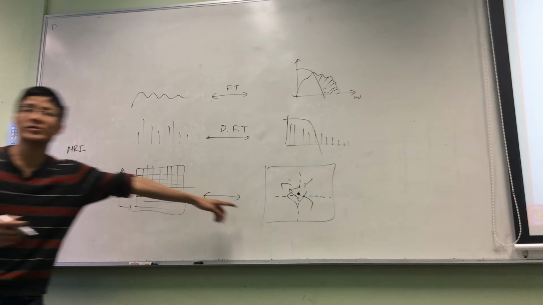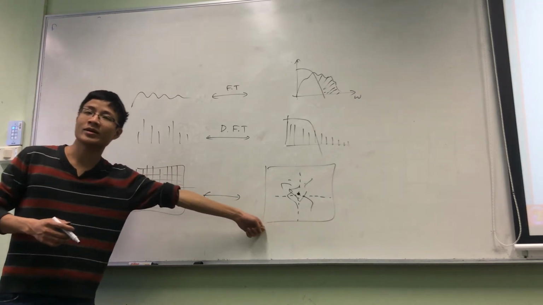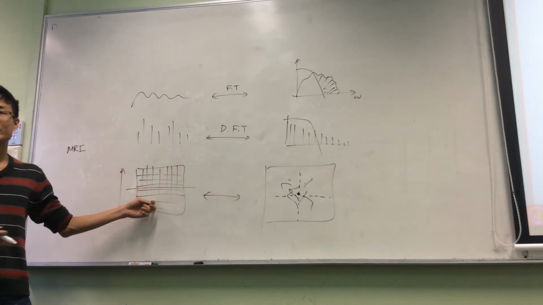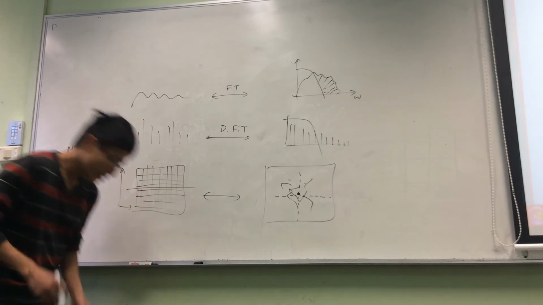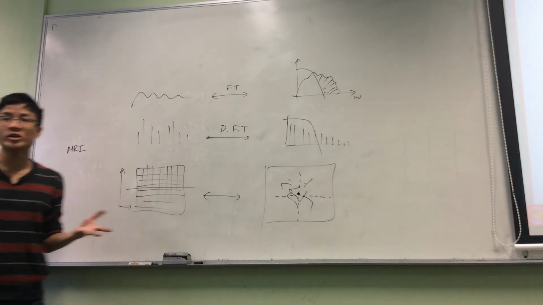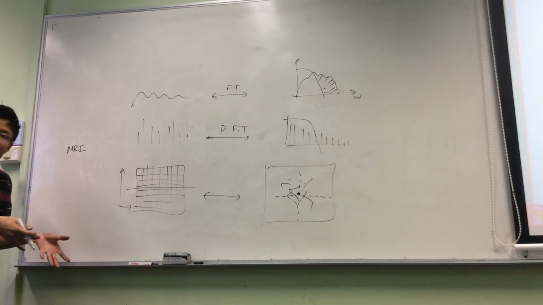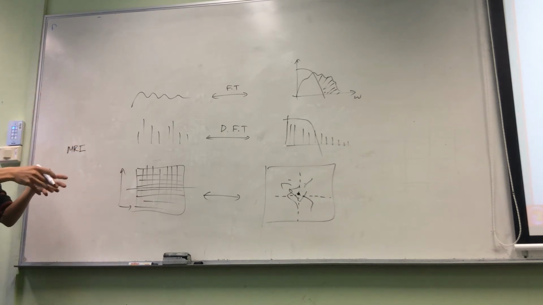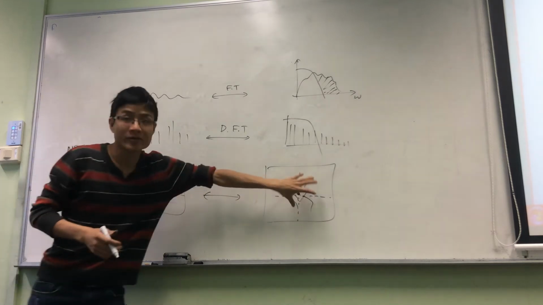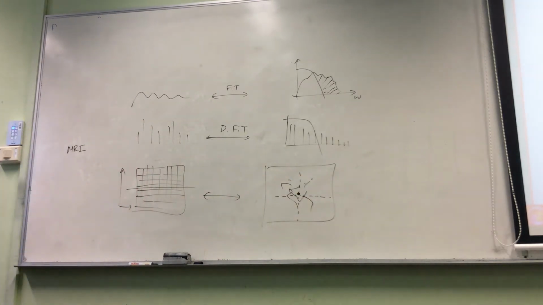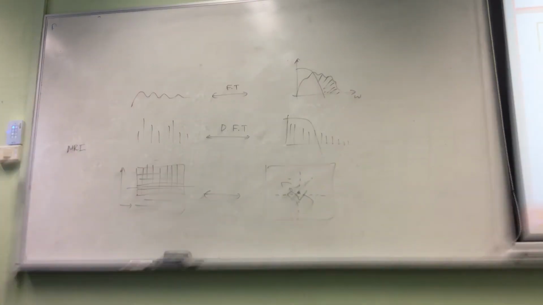Which is this one. So you take the Fourier transform of the image, then you try to see what the image is over here. You take the Fourier transform of the image, then you do the operation on that frequency domain, and then see what effect you have.